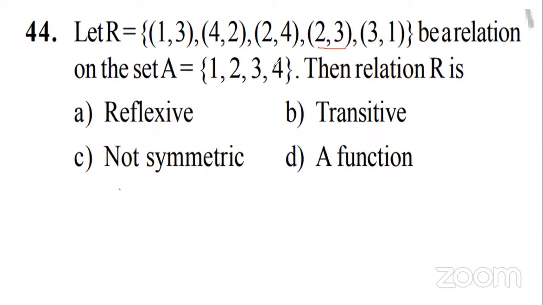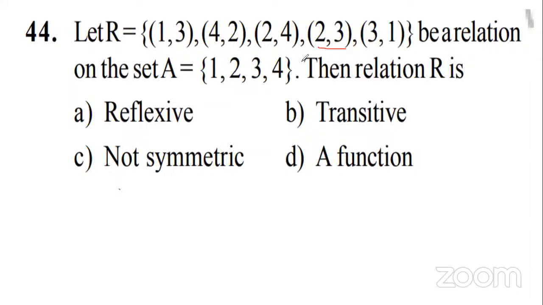So it is not symmetric. And R is not reflexive, because of (1,1). R is not a function also. Why? Because (2,4) belongs to R, but (2,3) also belongs to R, so it is not a function.